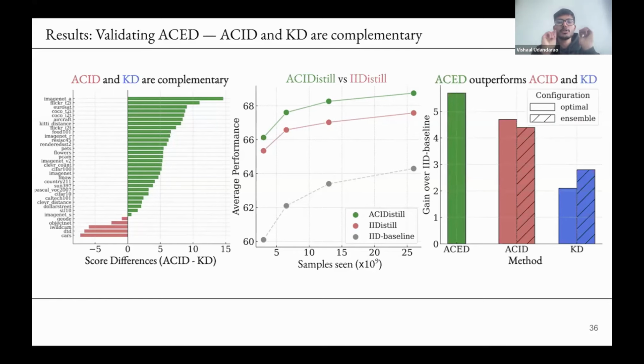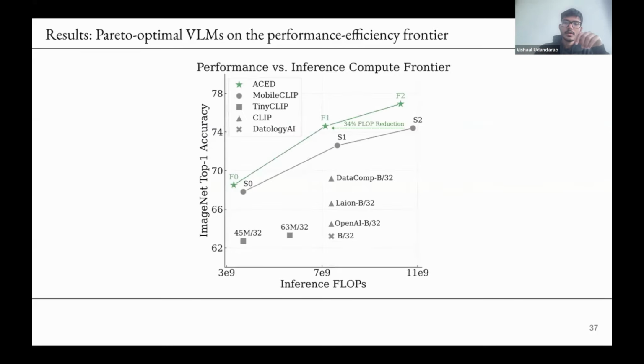And also when you just look independently, our ACE method beats both ACID and KD independently, and it does so by quite a big margin. And then given our final ACE method that we figured out is optimal from the previous slide, we tried to train inference-efficient and Pareto optimal models on this inference compute versus performance frontier.